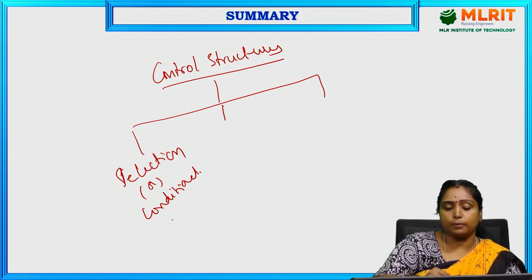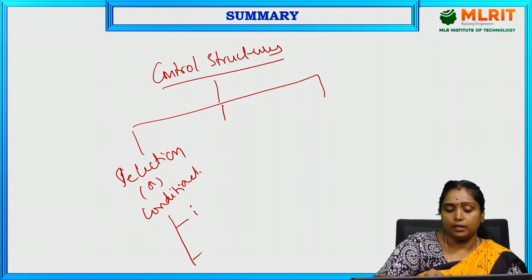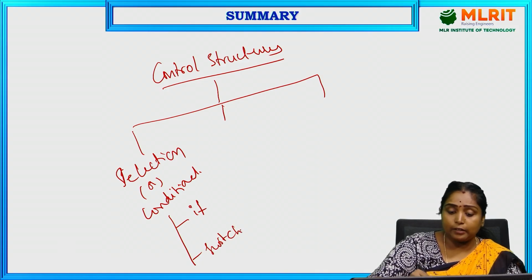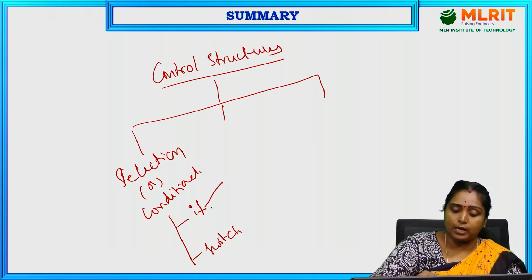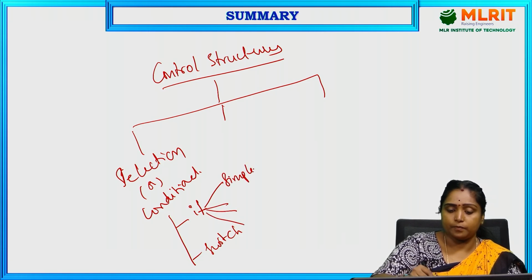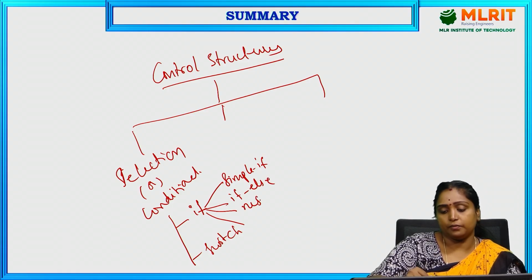These are divided again into two: if statements and the switch statement. The if statement is divided again into four types: simple if, if else, nested if, and else if ladder.